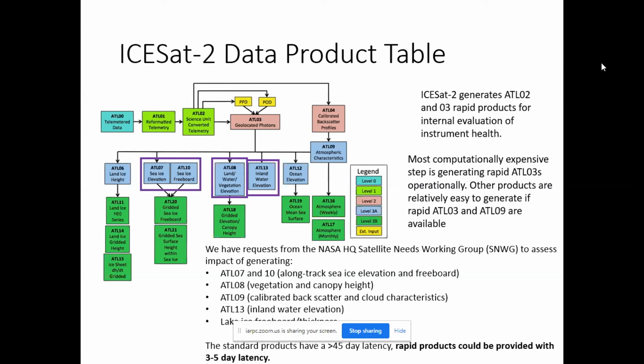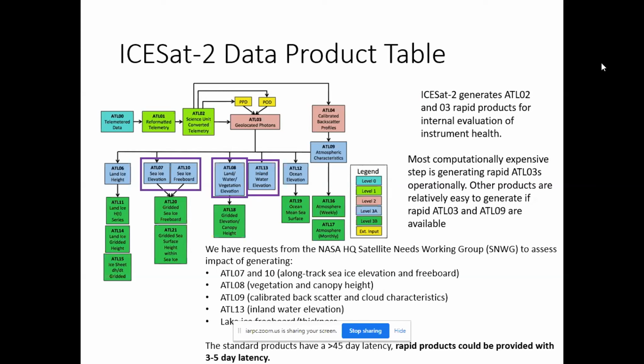We do generate rapid products, and the community has really been calling for these rapid products for things like sea ice forecasting. This is just done for internal health and evaluation, but we've been working with the NASA Satellite Needs Working Group to assess the impact of generating rapid products, actual products that could be used by people with something like a 3 to 5 day latency.